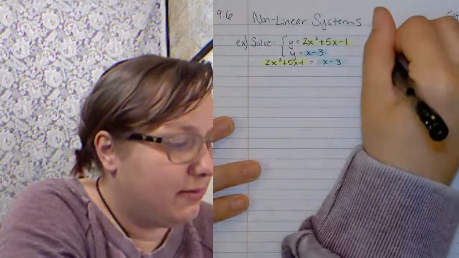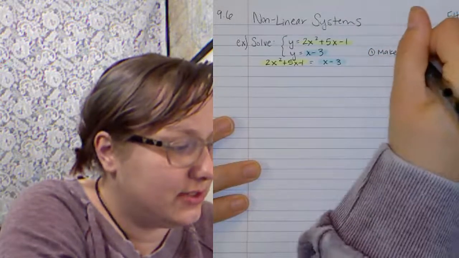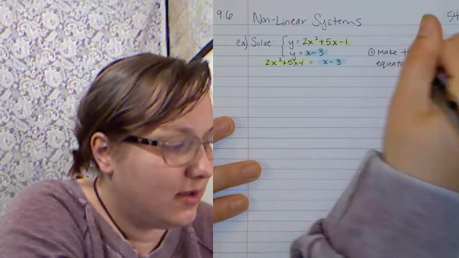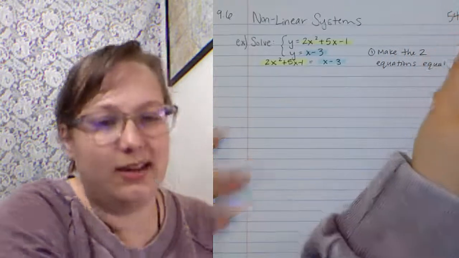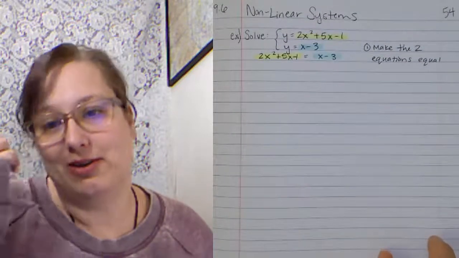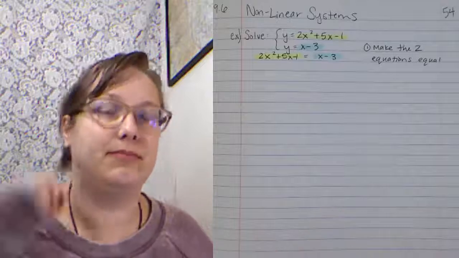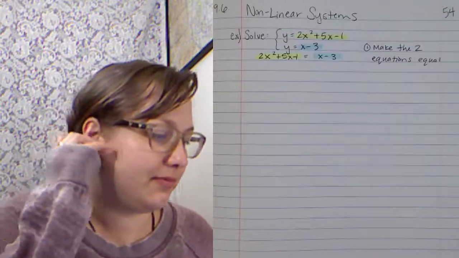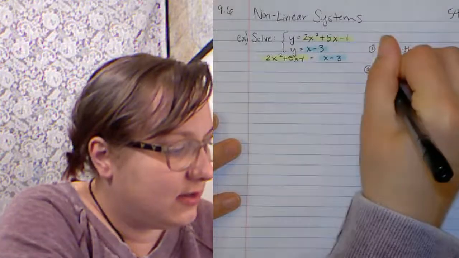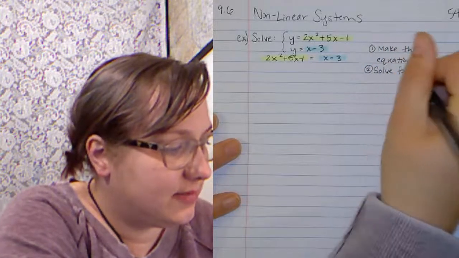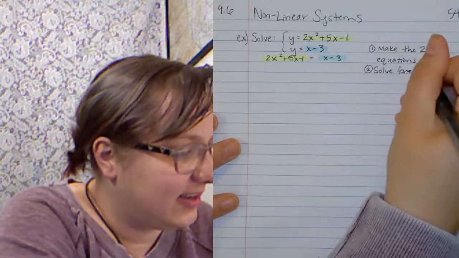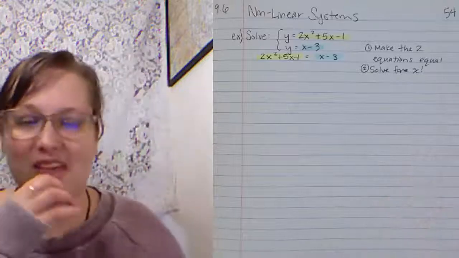Step 1: Make the 2 equations equal. Now, this only technically works if they both equal y, but spoiler alert, they're all going to equal y on your homework, so I don't care. And then we solve for x. That's only step 2.